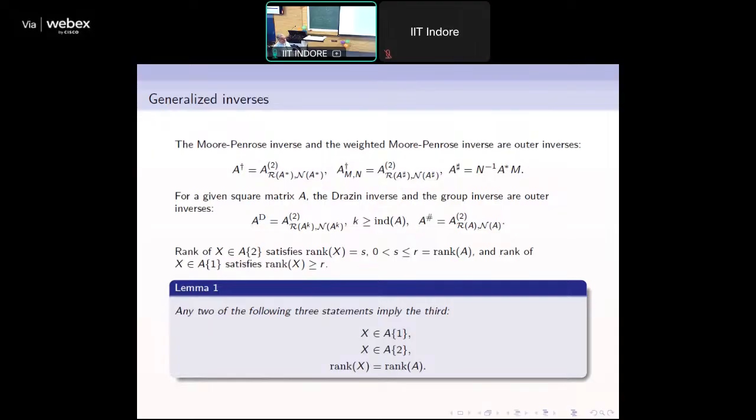In the special case, if M and N are identity matrices, it coincides with the Moore-Penrose inverse.